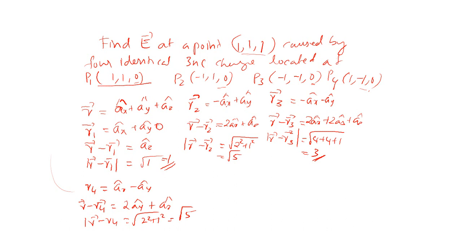Now we will calculate the electric field intensity. E1 is nothing but 1 by 4 pi epsilon 0, q1 divided by mod r minus r1 cube, into r minus r1.